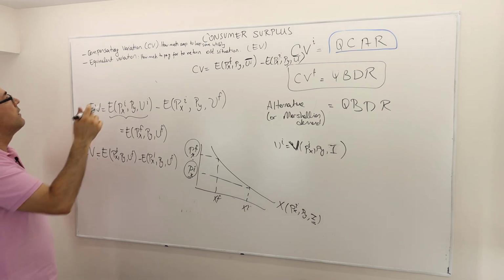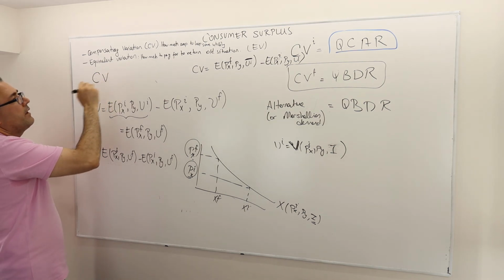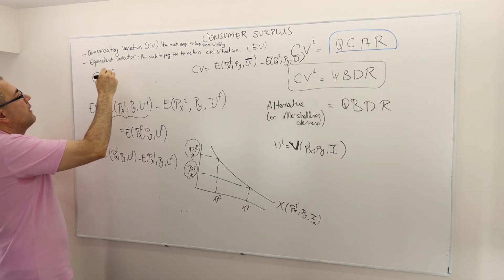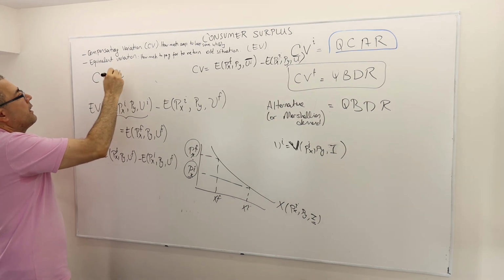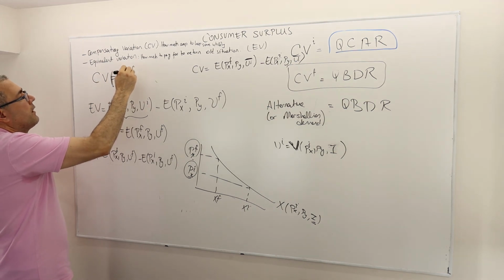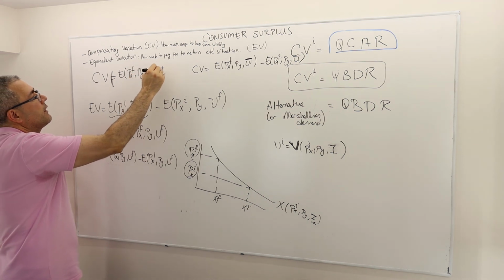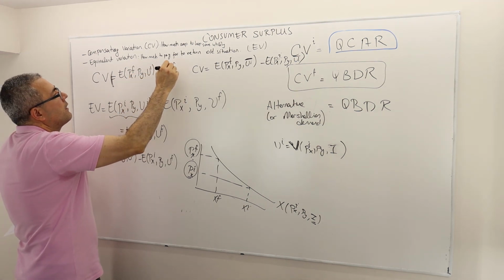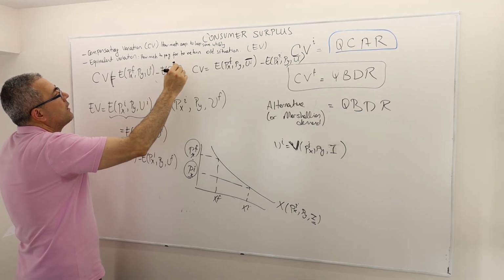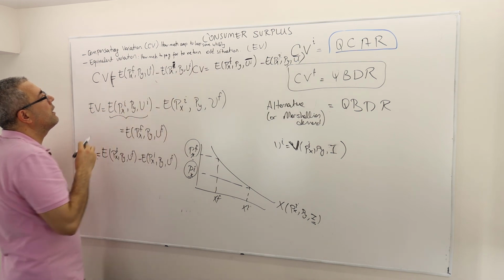Remember the compensating variation was basically expenditure PX final, PY, U initial, minus expenditure PX final, PY, U initial.